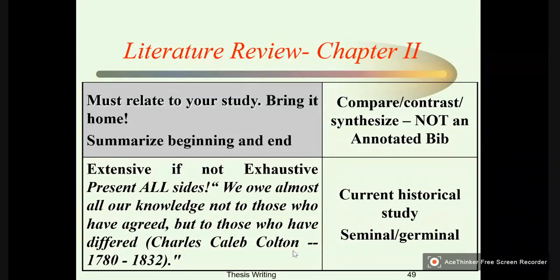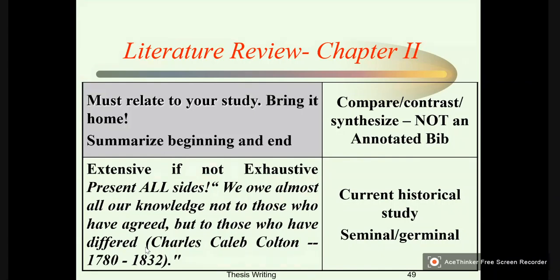Present all ideas. We owe almost our knowledge not to those who have agreed, but to those who have differed also. This is a famous saying from Charles Caleb Colton, who lived from 1780 to 1832.